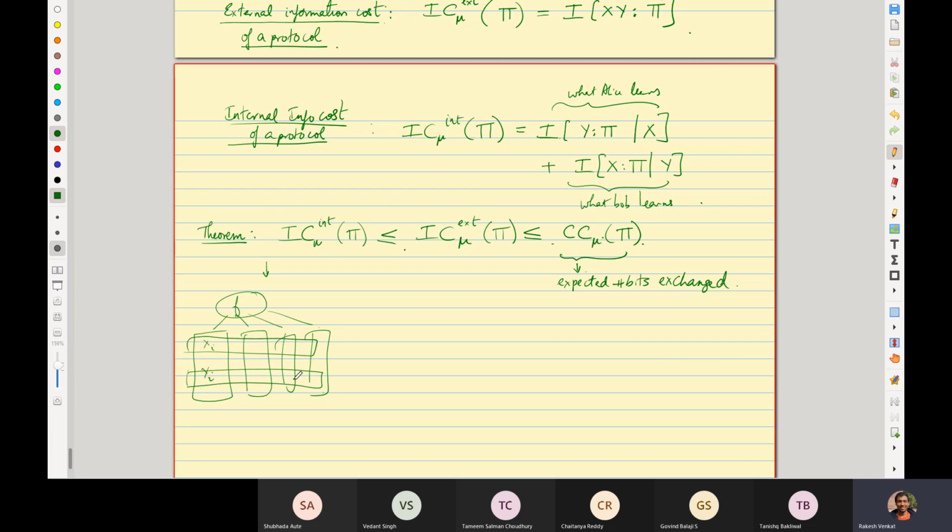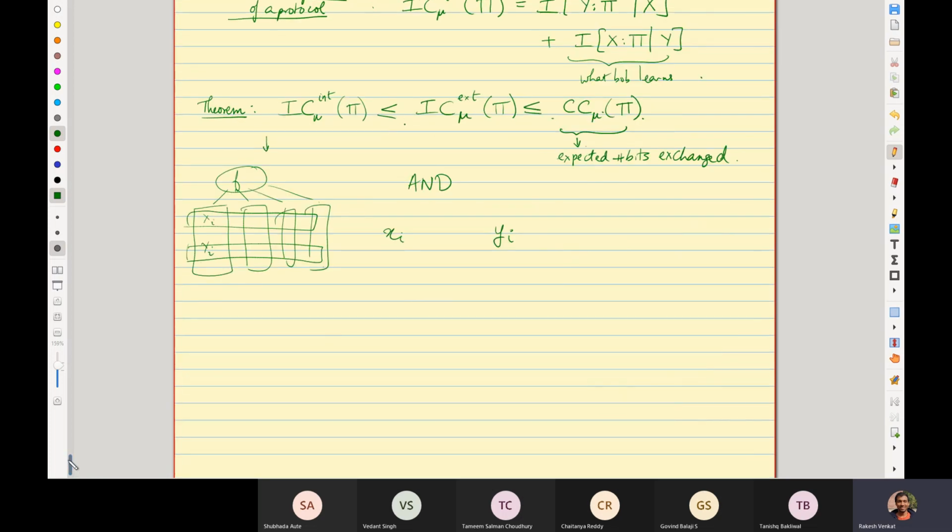So for instance, coming back to the AND function, Alice has a single bit, Bob has a single bit, and they want to compute the AND of xi and yi. In the models and costs that you have seen until now, this is trivial. You need at least one bit. Alice sends across her bit, Bob knows, that's it, we're done.